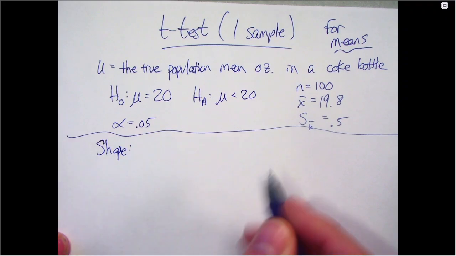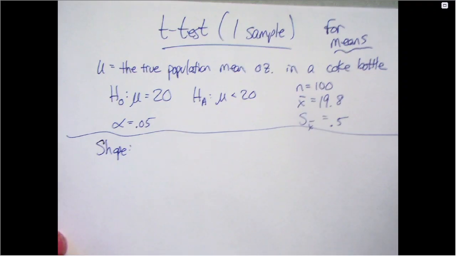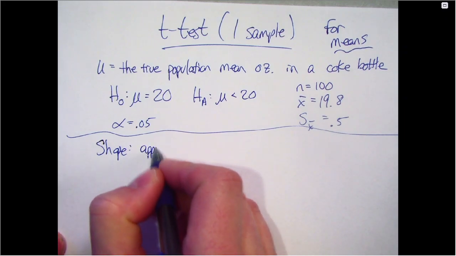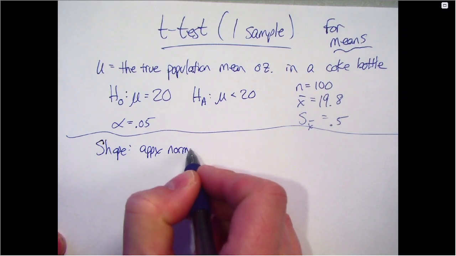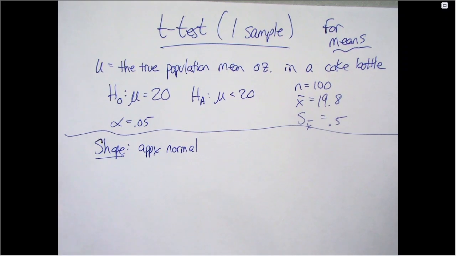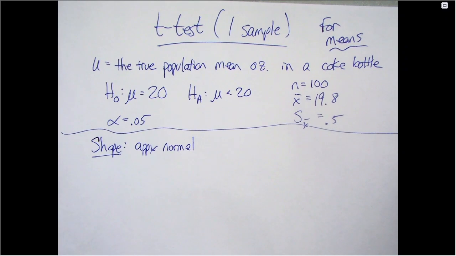So the shape, and we gotta remember back to before we did proportions. The shape is approximately normal in this situation, based on what I've given you. Can anybody tell me why? So it's not like the 10 successes and 10 failures, or the np and the nq anymore, because there is no p and q, there is no success and failure.